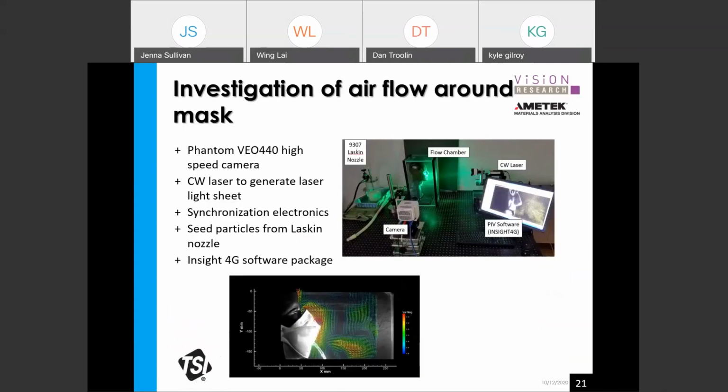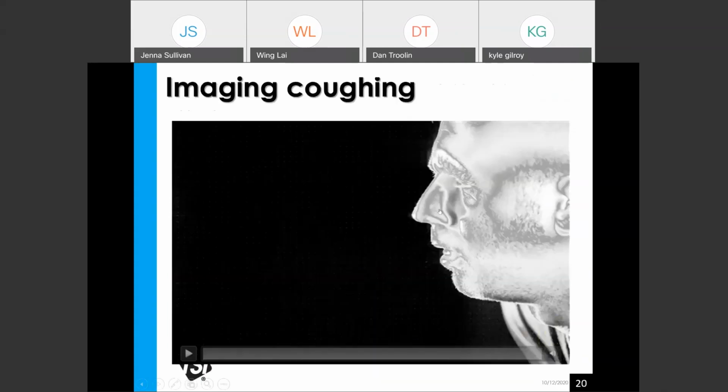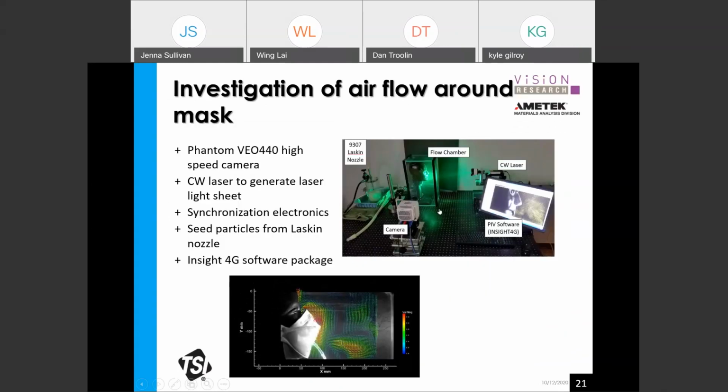Okay, let's take a look at one example of a 2C, 2D system, which we talked about a little earlier. For this particular case, the investigation was to look at the flow around an N95 mask. Like we mentioned earlier, we need to provide seed particles to represent the flow field.